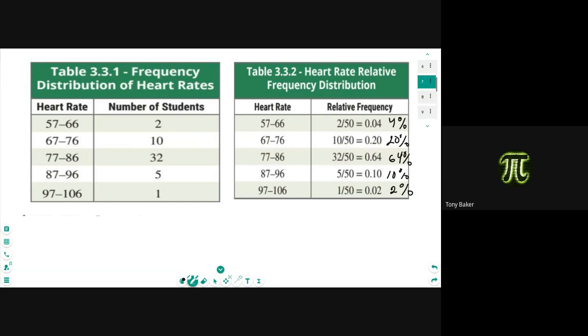So if I said 32 out of 50, they're not going to have as much of an understanding as if I said 64%. So all the relative frequency does is take the amount that you counted and divide it by the total values that you had. Does that make sense? Simple enough? Okay.